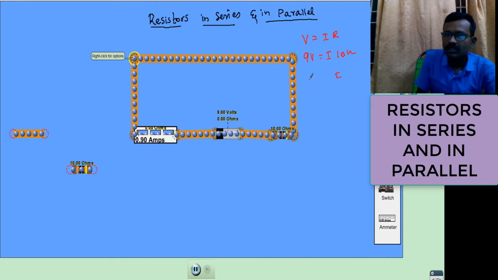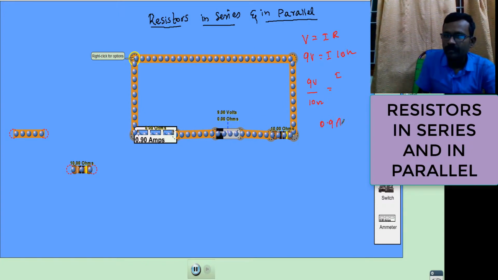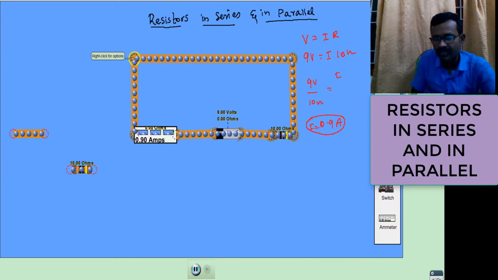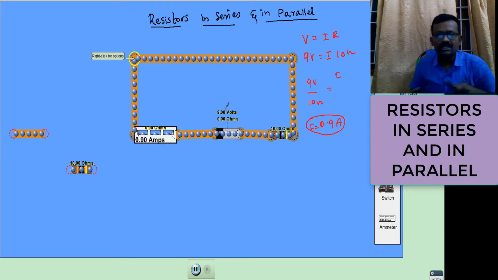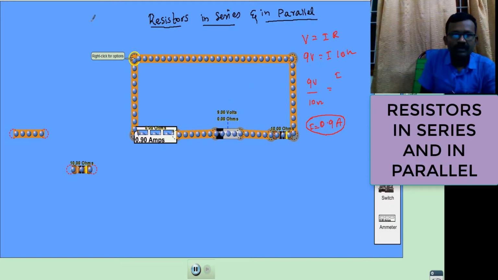So I is equal to 9 volt over 10 ohms. We get 0.9 ampere. We use Ohm's law for the circuit to find out the current in the circuit. This is activity number 1.